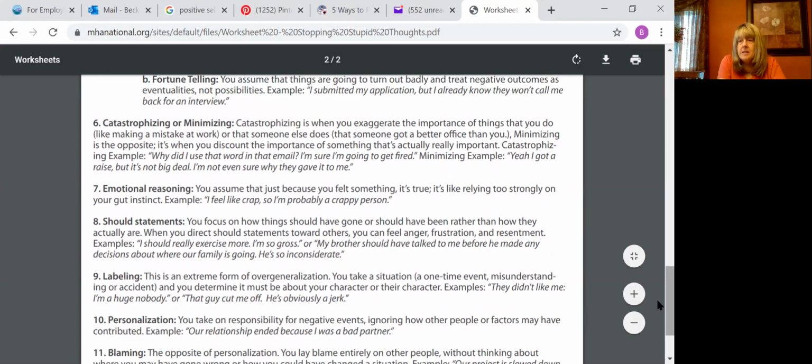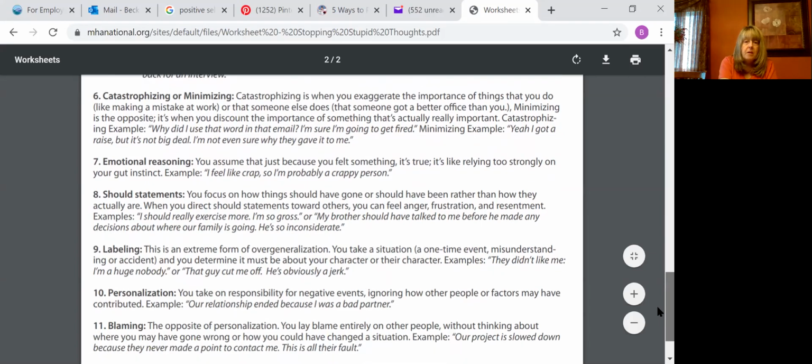Or somebody pushes past you in the hallway and bumps into you, and you automatically start labeling that person as a jerk, when maybe something really bad had just happened, and that's why they were acting that way, not because they were trying to be mean to you or irritate you. Sometimes we jump to our own conclusions without really knowing what's going on with the other person.